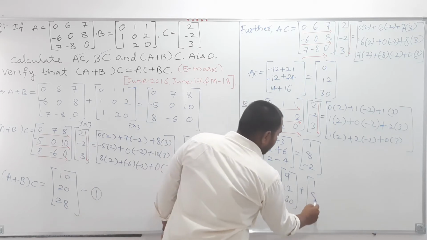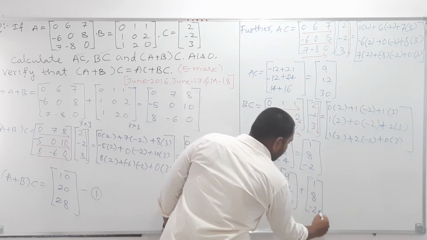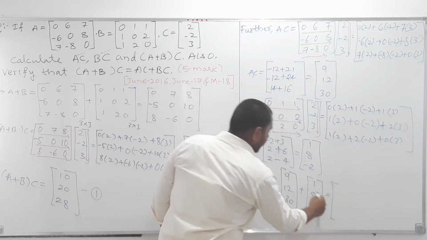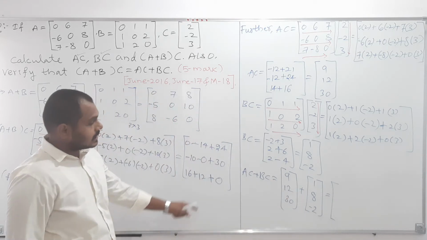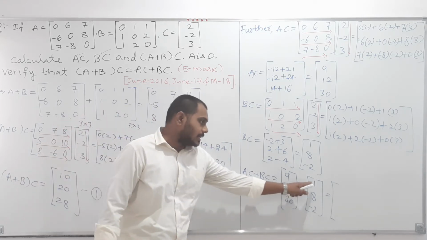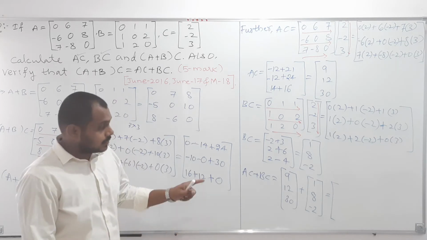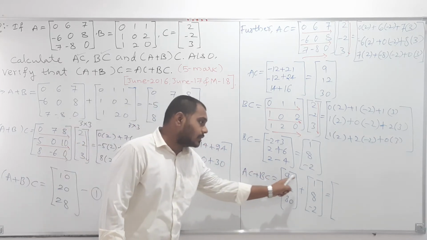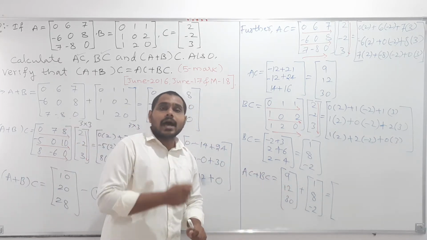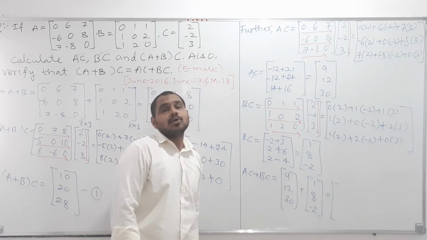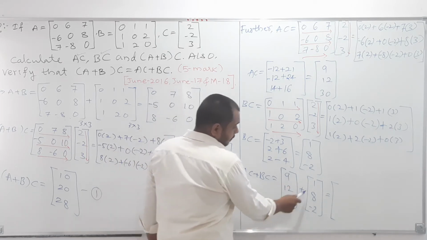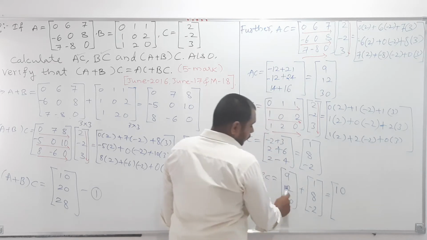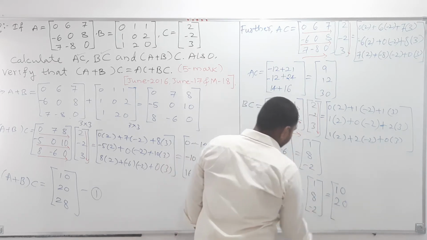BC is 1, 8, minus 2. So therefore, if you add these two matrices, since both matrices are of the same order, we can add these two matrices by adding their corresponding elements. So therefore 9 plus 1 is 10, 12 plus 8 is 20.